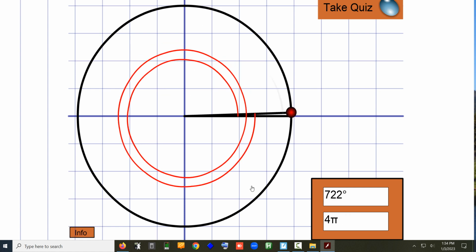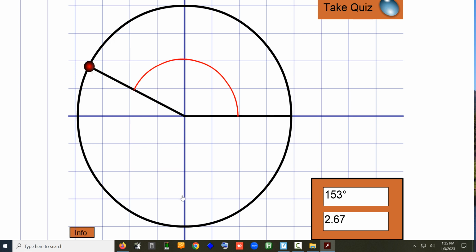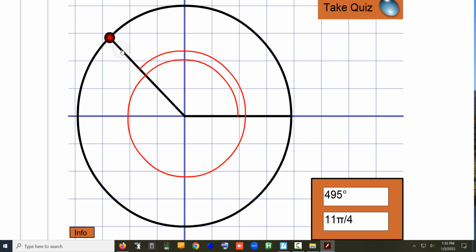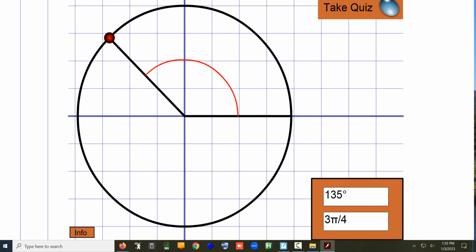And that's exactly the same as 495. And that's the same as 135. When I go around like that and bring it back one rotation, how much is one rotation? 360. So if you have an angle and you add 360 or you subtract 360, it doesn't change the coordinate of where you stopped.